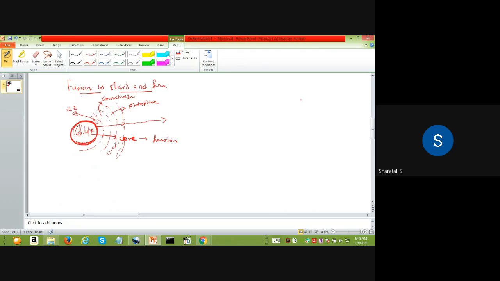So the fusion happens, then all these processes happen, then the photon comes out and reaches the Earth's atmosphere. So all this will take time. Don't think that the fusion happens at the same instant that the photon hits the Earth's surface. That is not the case; it happens sometime before, and only after that does the light come and fall on us.